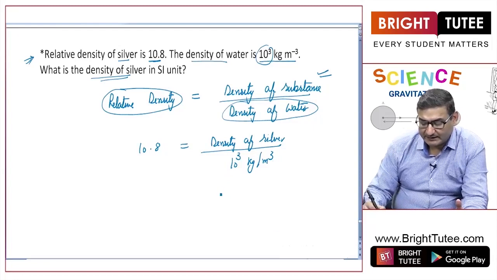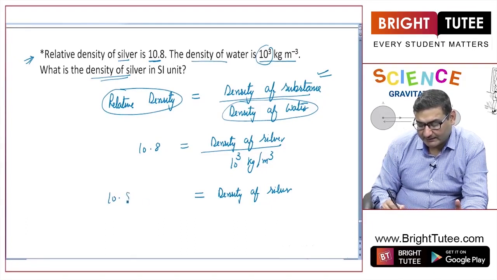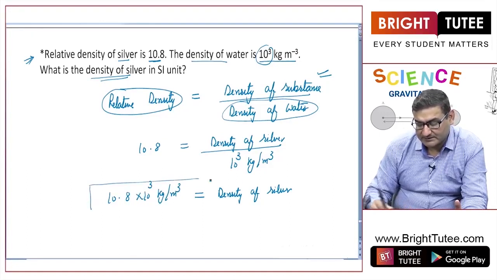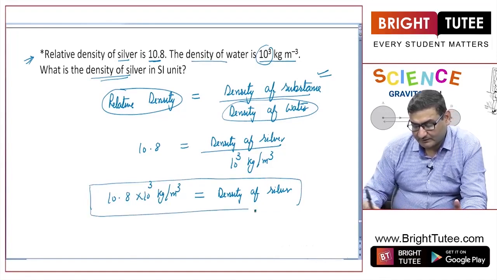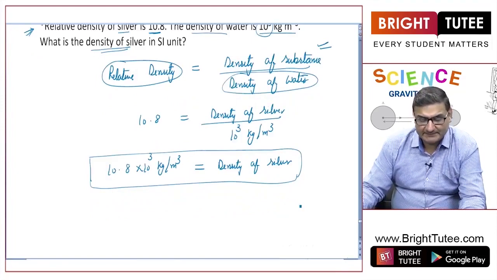Just cross multiplying, we will get the density of silver simply by multiplying the values, and that comes out to be 10.8 into 10 to the power 3 kilogram per cubic meter. This is the density of silver. Got it? Fine, quite easy.